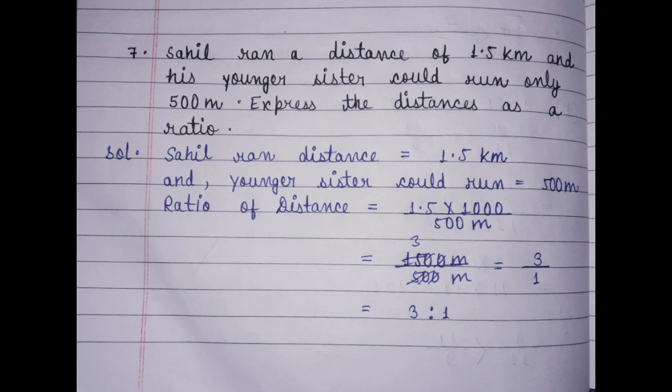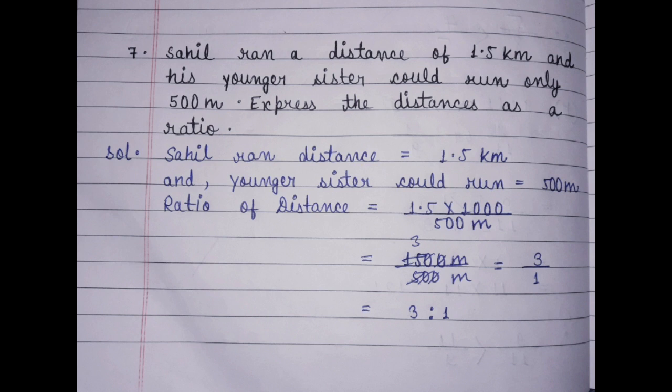So we will find the ratio of distance, 1.5 into 1000 divided by 500. So we will convert kilometer into meter. So 1500 by 500. So simplest form of 1500 and 500 is 3 by 1. So ratio of 3 by 1 is 3 is to the 1.